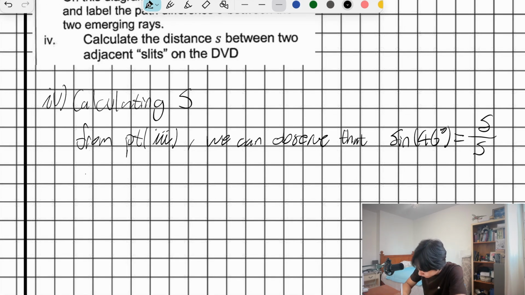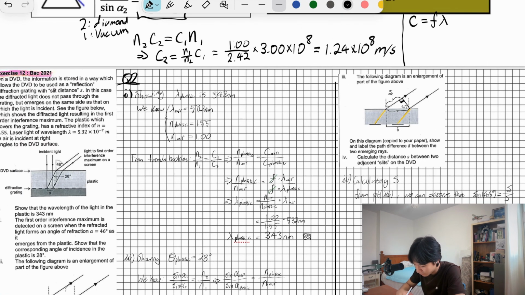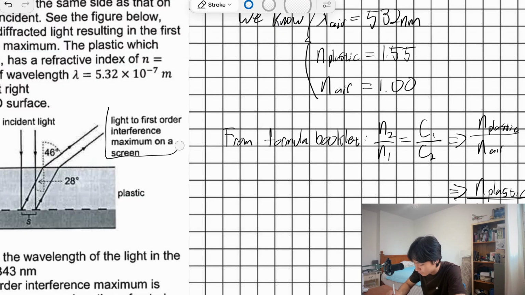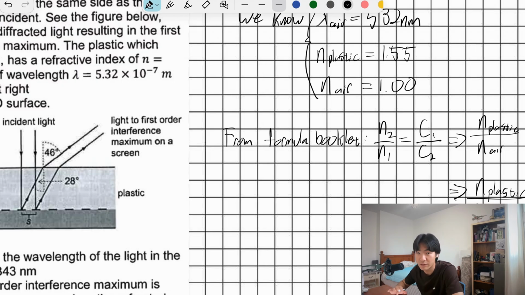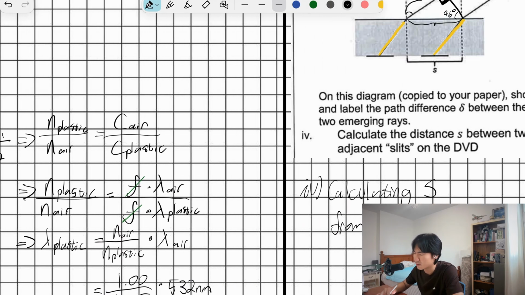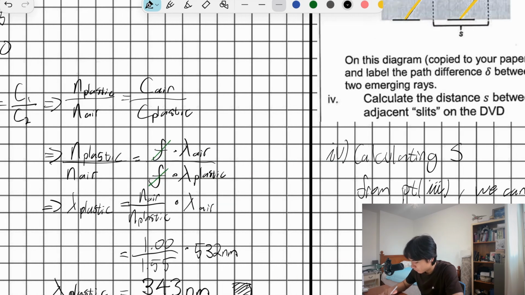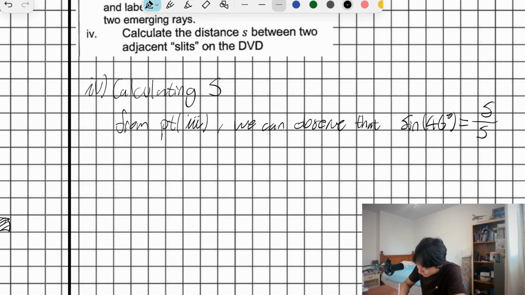Also, what do we know? The question says light to first order interference maximum on the screen. So what does it mean if it's a first order interference maximum?